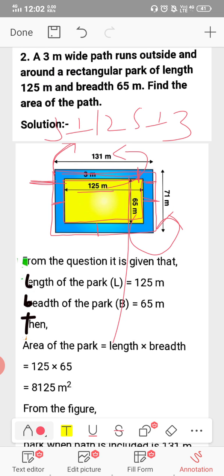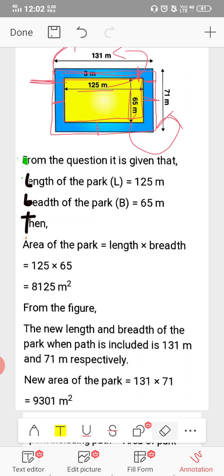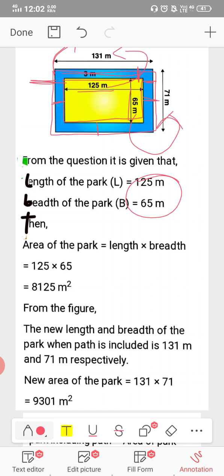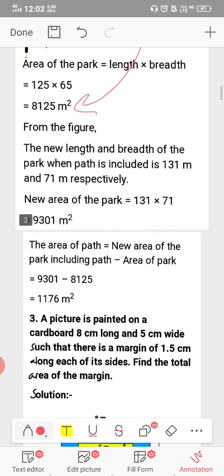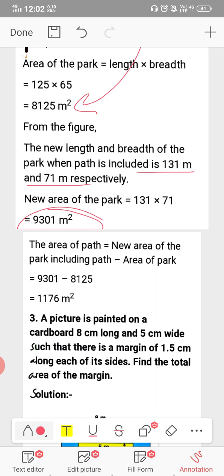So the area of the given rectangle, whose dimensions are 125 and 65, will be 8125 meters square, and the area of the bigger rectangle, whose dimensions are 131 and 71, will be 9301 meter square.